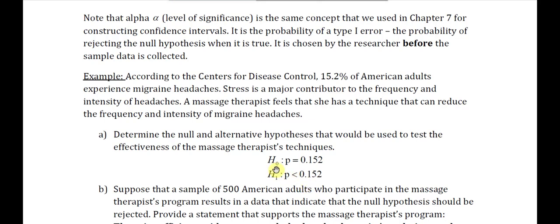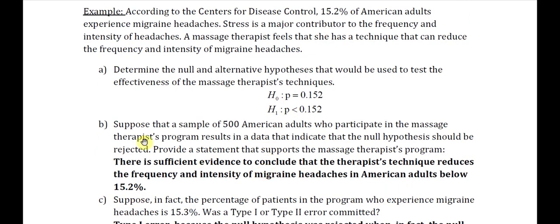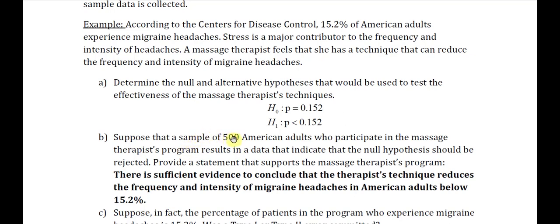Now suppose that a sample of 500 American adults participate in the massage therapist program, and the data indicate that the null hypothesis should be rejected. Provide a statement that supports the program. So we should reject the null hypothesis.